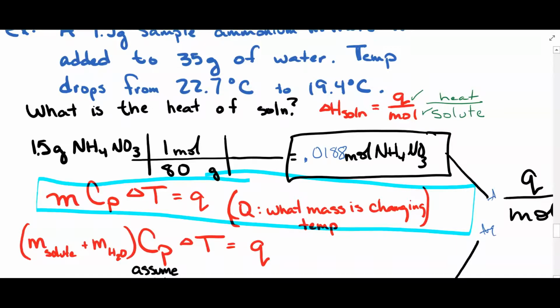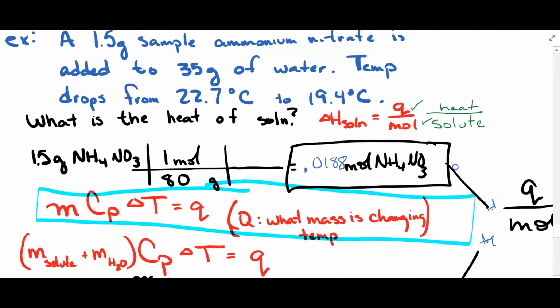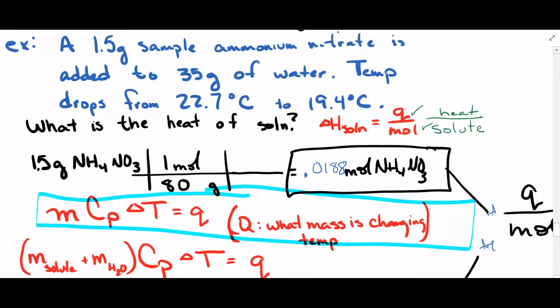We will assume the specific heat of the solution to be exactly that of water, because in proportion there's just so much water that any variance of specific heat in that small amount, a 1.5 gram sample of ammonium nitrate versus 35 grams of water, is totally outweighed by the specific heat of water. So we'll use the specific heat of water, and then we'll measure the change in temperature of the water.